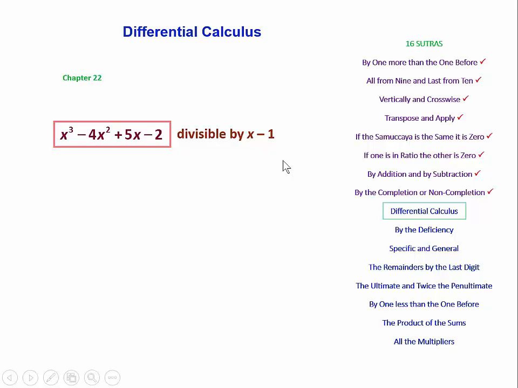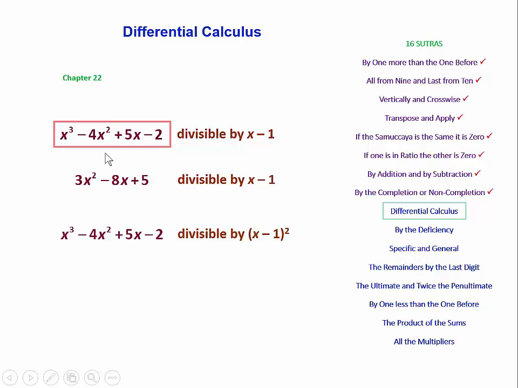And we can use this sutra to find out if there are any repeated factors in that cubic. What we do is differentiate it to get this, and test again to see if x minus 1 is a factor, which it is, because 3 minus 8 and 5 is 0. So this is divisible by x minus 1, and therefore this cubic is divisible by x minus 1 squared. It's a repeated factor.